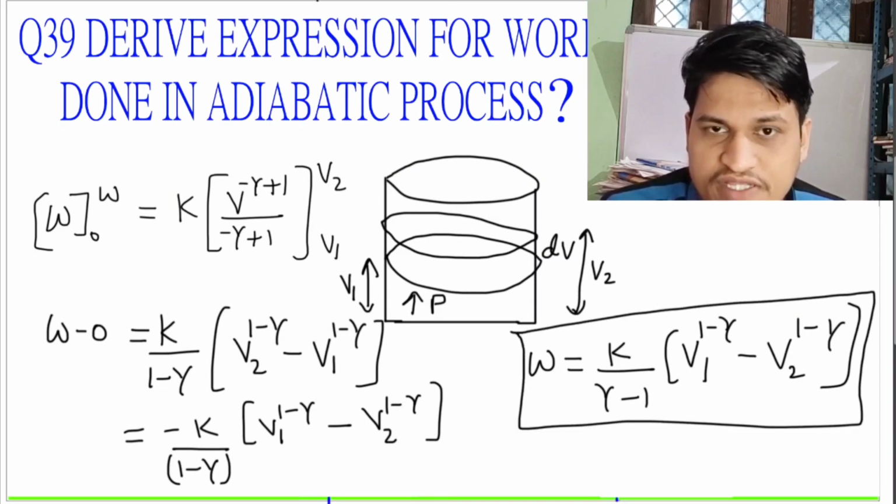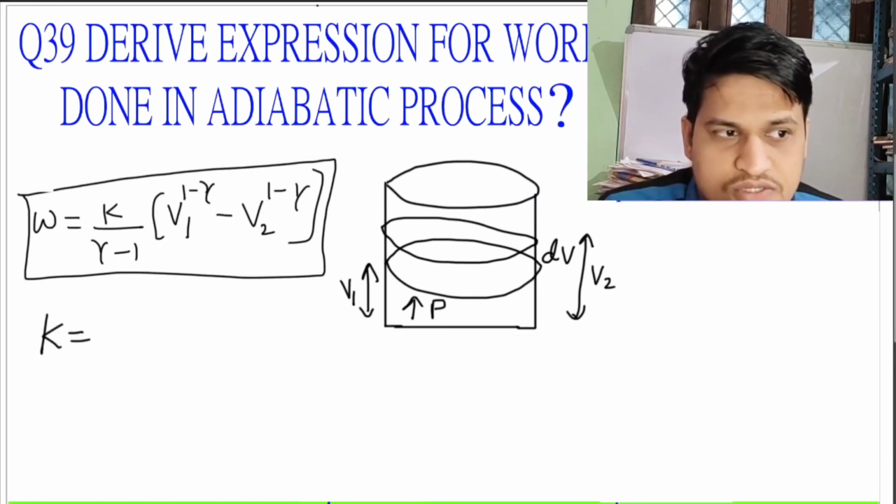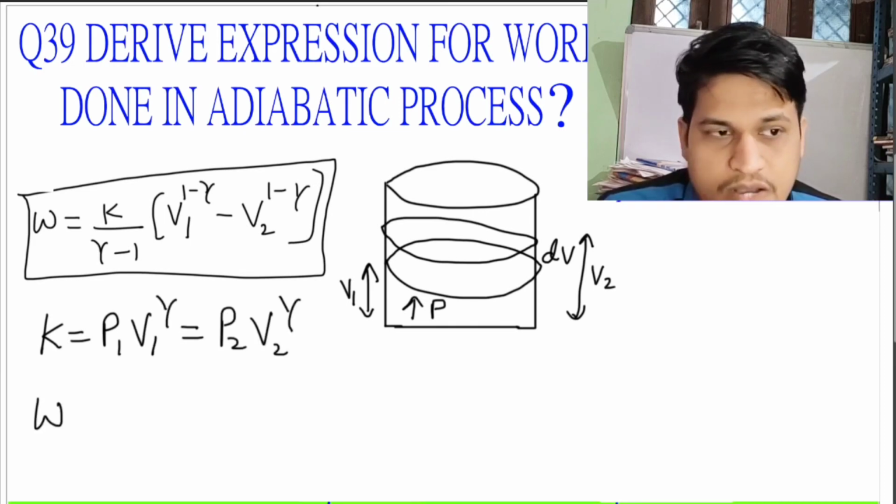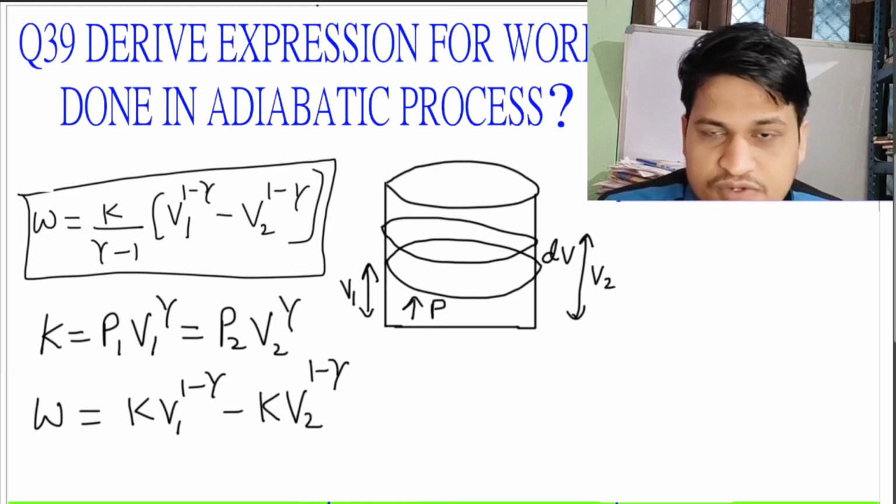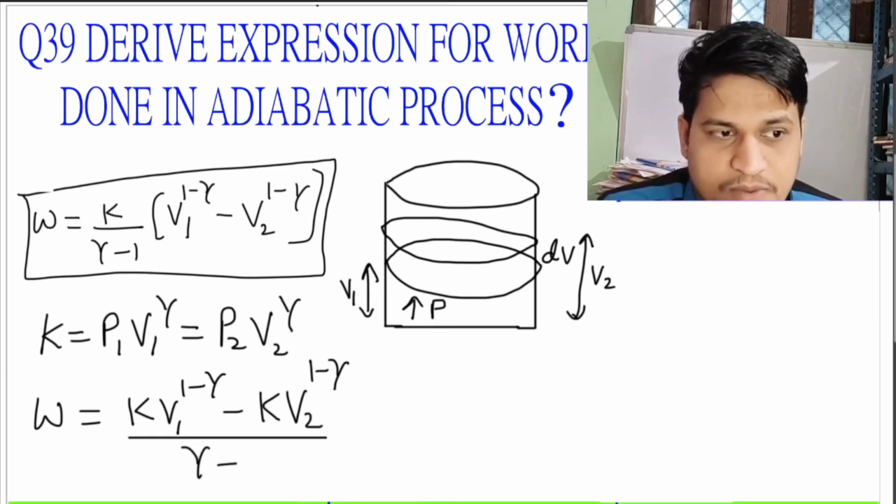In order to find the work done in terms of pressure, we have to make some changes. As we know that K equals P1 V1 to the power gamma equals P2 V2 to the power gamma, we will put the K value here. You will get K V1 to the power 1 minus gamma minus K V2 to the power 1 minus gamma upon gamma minus 1.